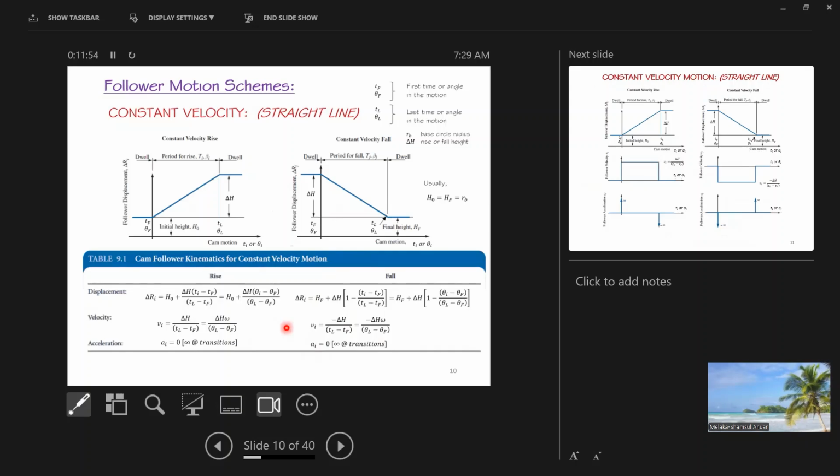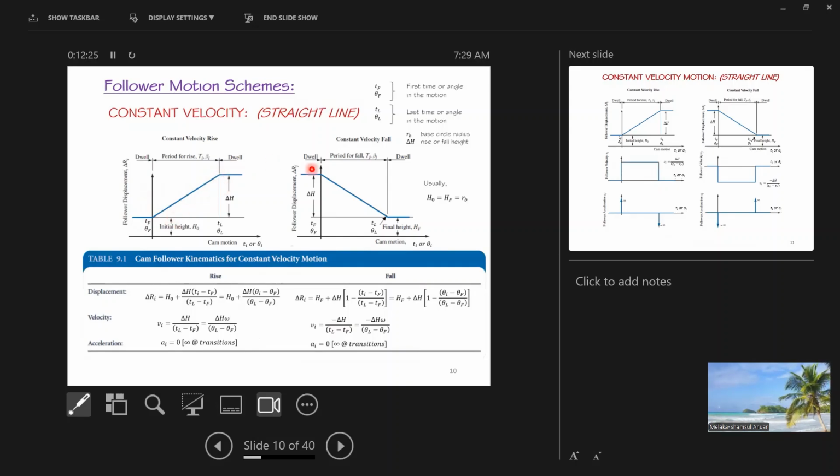So motion schemes, there are many, and this one will be the first one. It's called constant velocity straight line. So meaning this one will be in the displacement diagram. Okay, you'll see this shape in the displacement diagram, and the follower, whatever that shape of the follower, will just go up this shape that is drawn here.